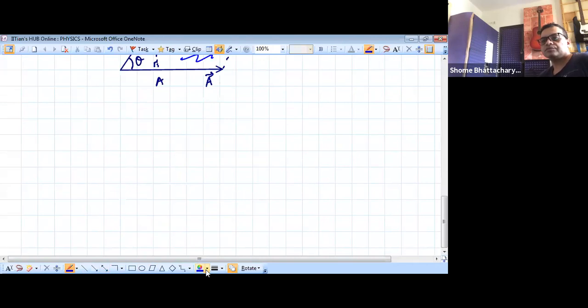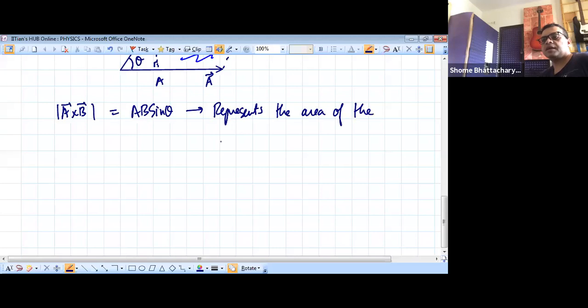So mod of A cross B, which is AB sine theta, represents the area of the parallelogram with sides A and B. This quantity is base into height.